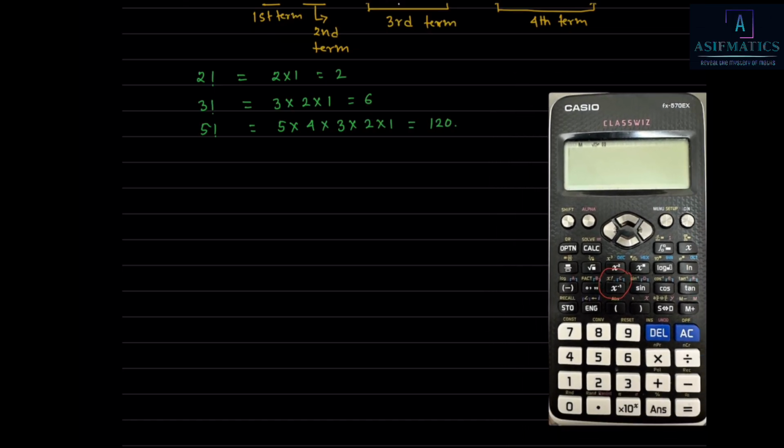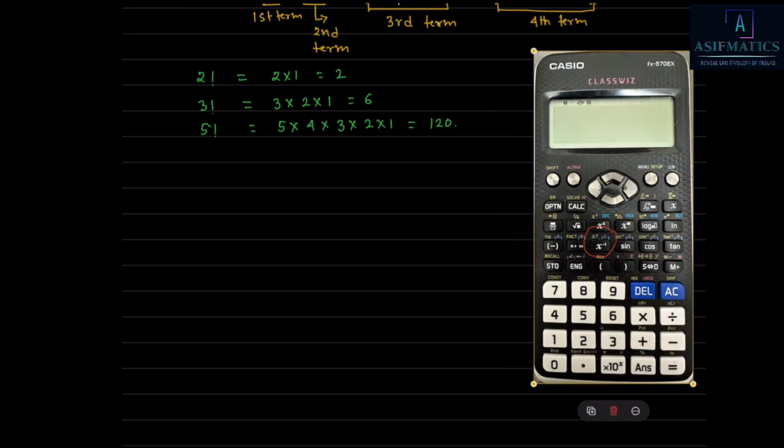In every calculator, you can see there is a mark here. That is the factorial mark. Here you can see the factorial mark in this red circle, that x and then an exclamation sign. On most calculators you have to press shift and then this sign to get the direct factorial result.